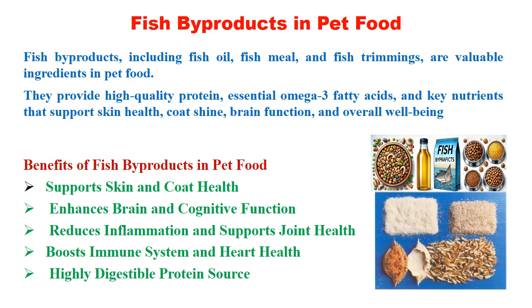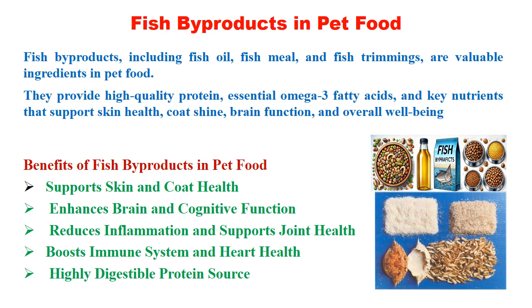Now briefly we will discuss the fish processing byproducts in pet food. Earlier I had several classes on fish processing byproducts. The fish byproducts, including fish oil, fish meal and fish trimmings, I have discussed their processing. They are very valuable ingredients in pet food.